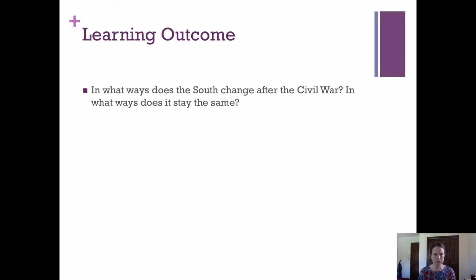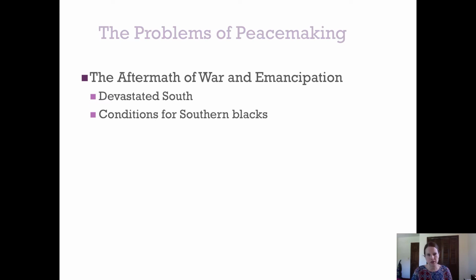So there are some problems with the peacemaking that happens after the war and during the emancipation process. One thing we need to keep in mind is that the South was pretty well ravaged after the Civil War. Railroad ties and lines were torn up. Telegraph lines were destroyed. Lines of communication were destroyed.